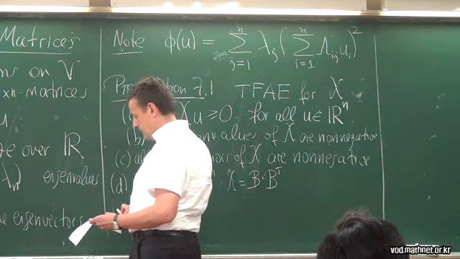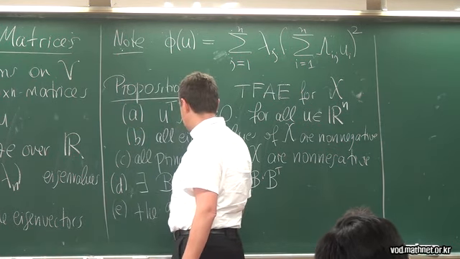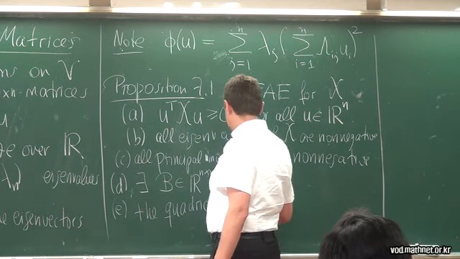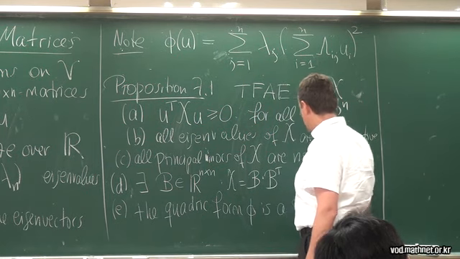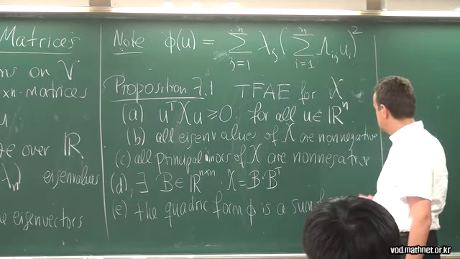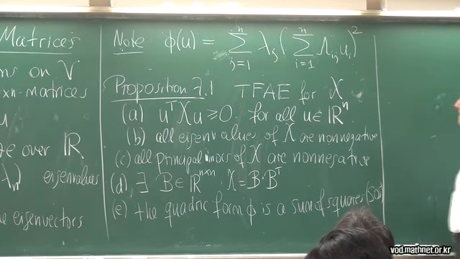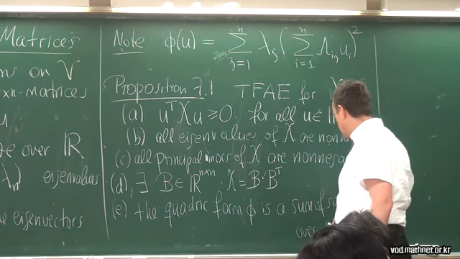And finally, E, the quadratic form phi is a sum of squares. Today and tomorrow I'm often writing SOS for sum of squares, but over the field of real numbers.